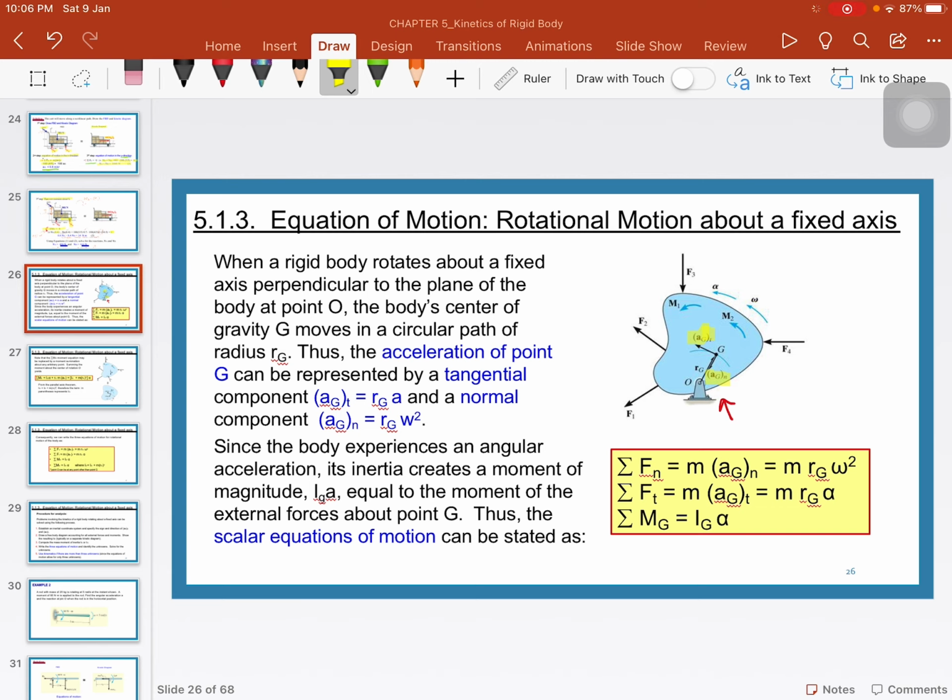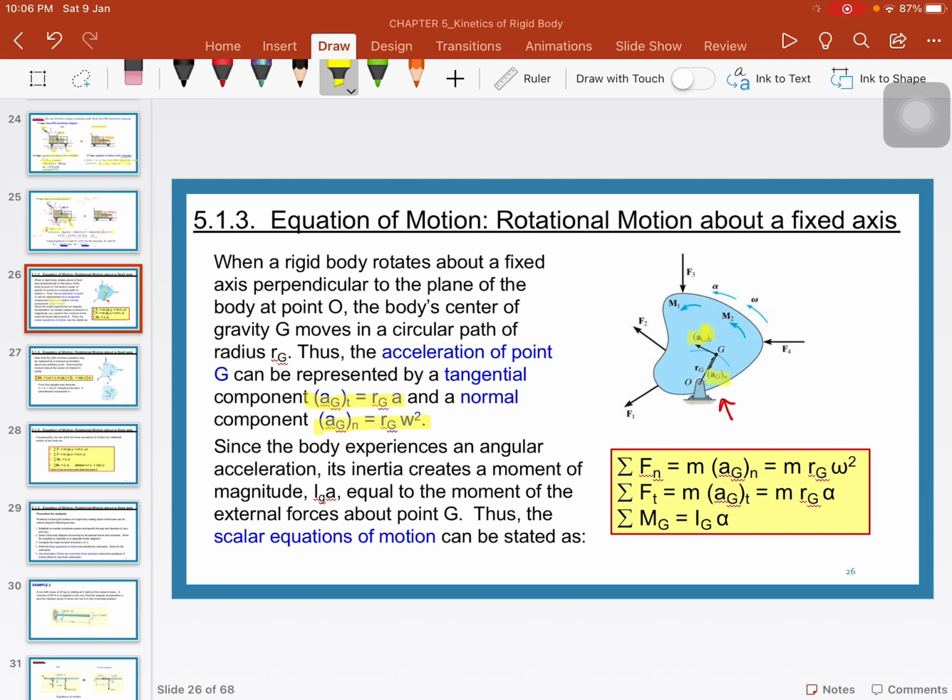The formula for AGT is equal to RG alpha, and the formula for the normal component AGN is equal to RG omega squared.